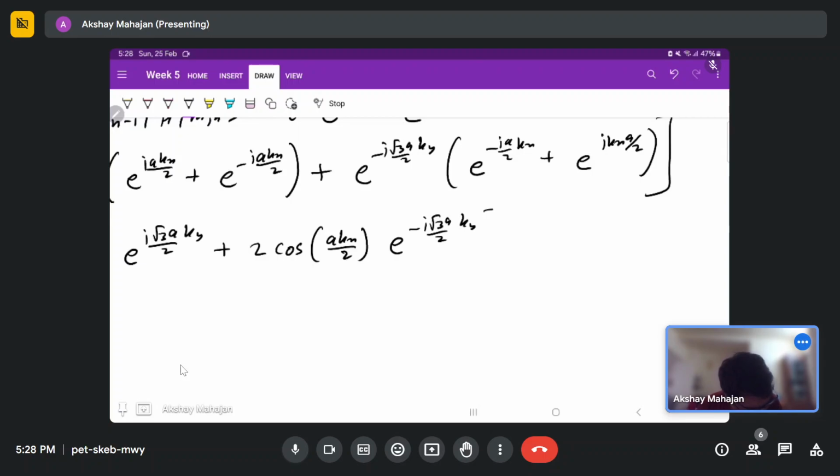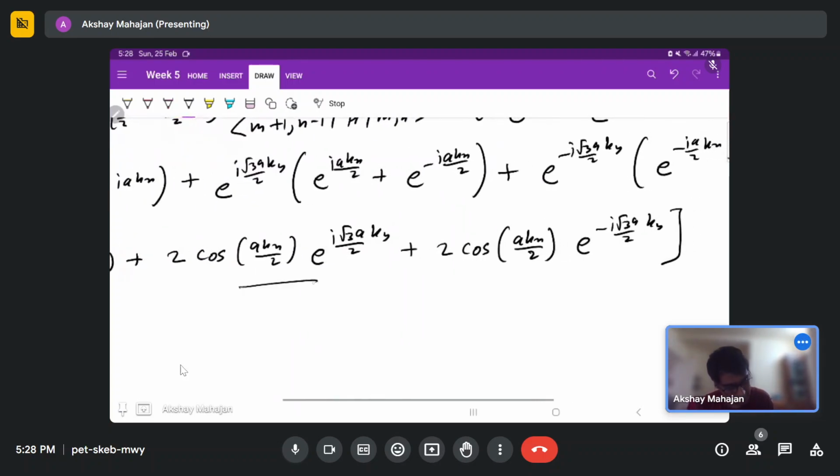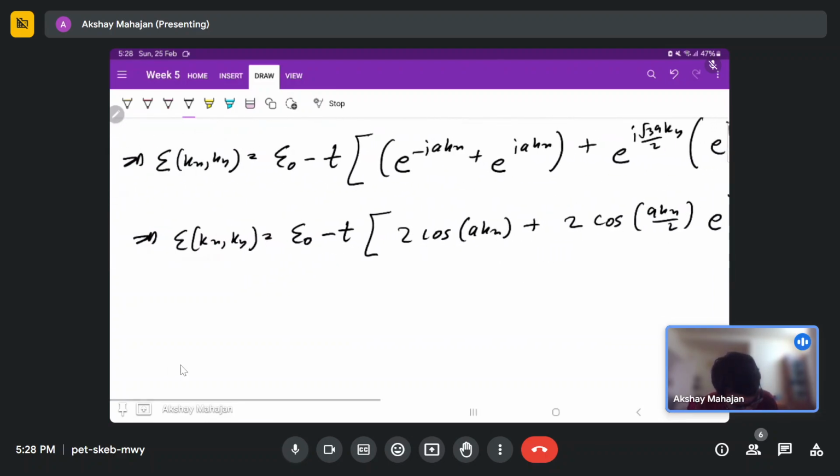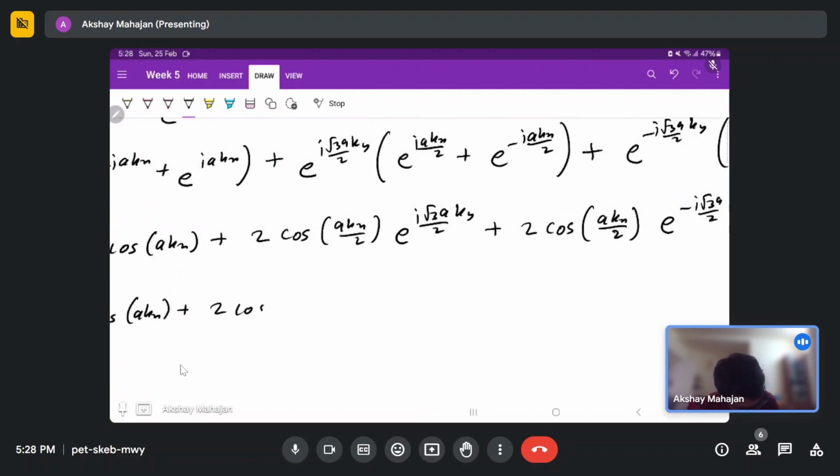Right, and from these two again we can take 2 times cosine akx by 2 common. So we will have epsilon naught minus t, 2 cosine of akx plus 2 cosine of akx by 2, and I can take e to the power iota root 3a by 2 ky plus e to the power minus iota root 3a by 2 ky.